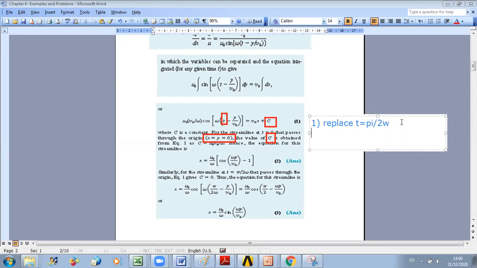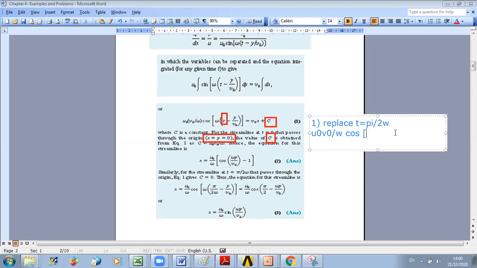I get u0 times v0 over w times cosine. Now I just replace t by the value they want. They want the streamline for t equal pi over 2 omega.